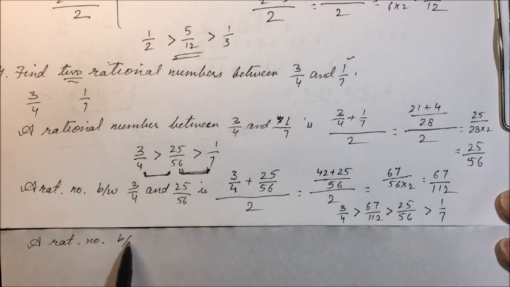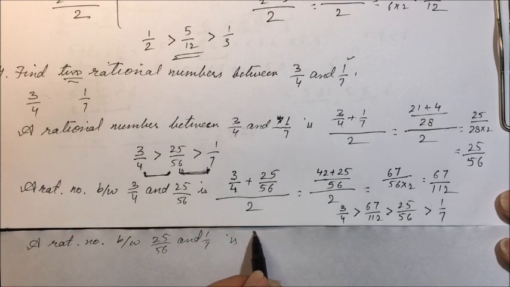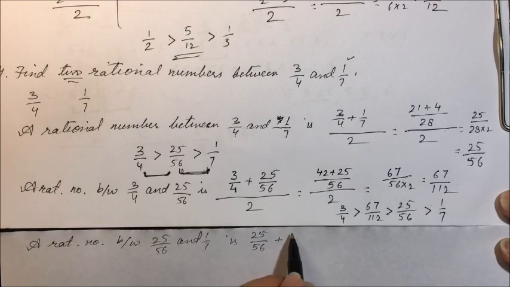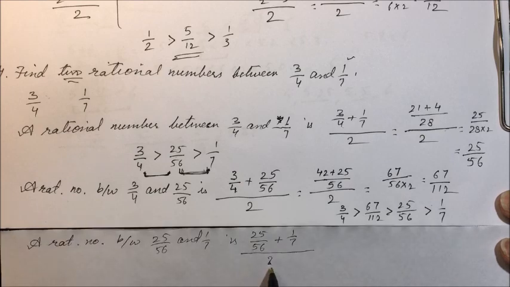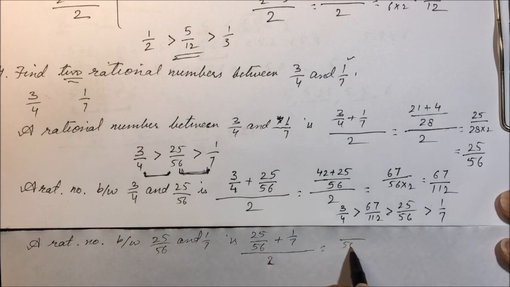it will be a rational number between 25 upon 56 and 1 by 7. How much? 25 upon 56 plus 1 by 7, upon 2. So we are taking the mean of these two numbers. It will be 56 will be the LCM. 7 8s are 56. 25 plus 8, whole divided by 2.